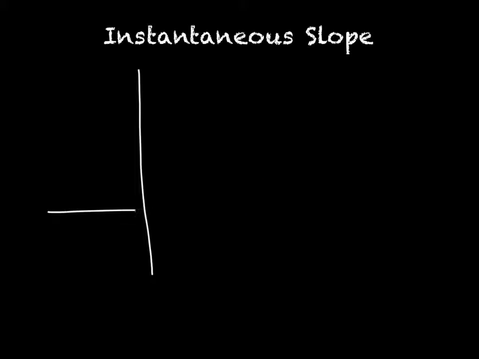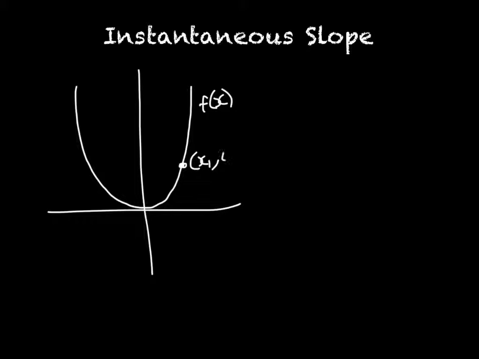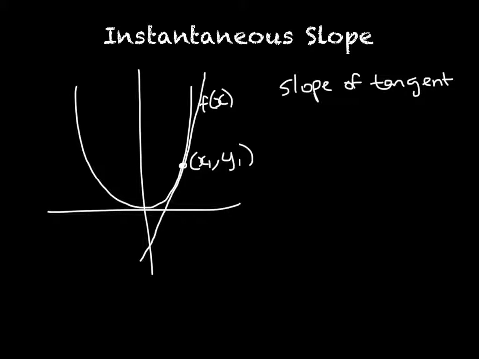So if we have a graph, let's say that this is f of x, and we have a point. We'll call this point x1, y1. Then if we draw a tangent line through this point x1, y1, then the slope of the tangent line is equal to the slope of f of x at x1, y1.